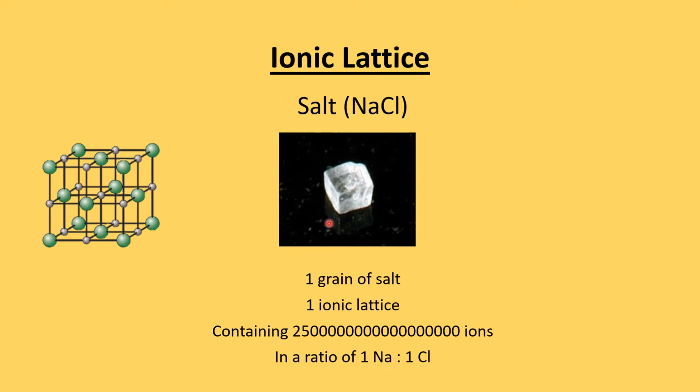But what we're not saying is that it contains one sodium and one chlorine. It's one sodium for every one chlorine. It's a ratio. When we're dealing with covalent molecular, we're talking about exact numbers of atoms in a molecule. For covalent networks and ionic lattices, we're talking about a ratio of how many of each are present.